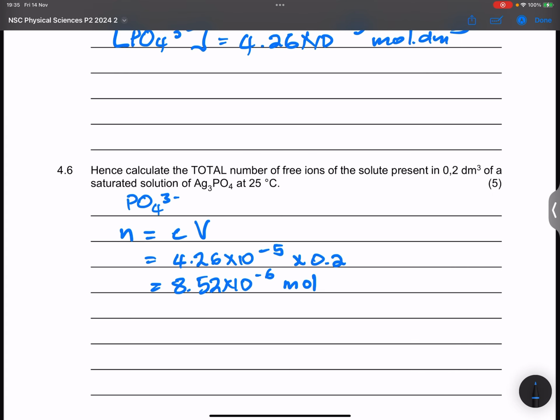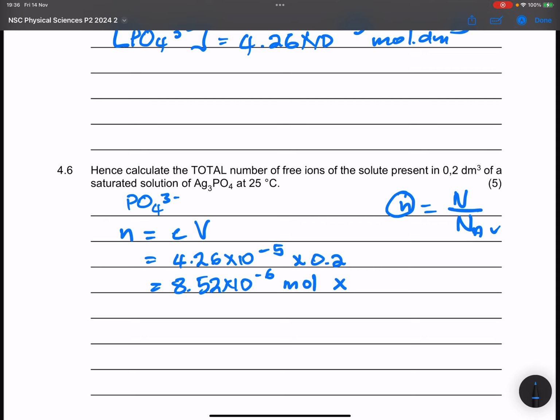But when we want the number of molecules, now remember, we still need to multiply this with Avogadro's number, right? So on Avogadro's number, I would take the number of moles, or you can say that's number of particles divided by Avogadro's constant, right? So we've got the number of moles.